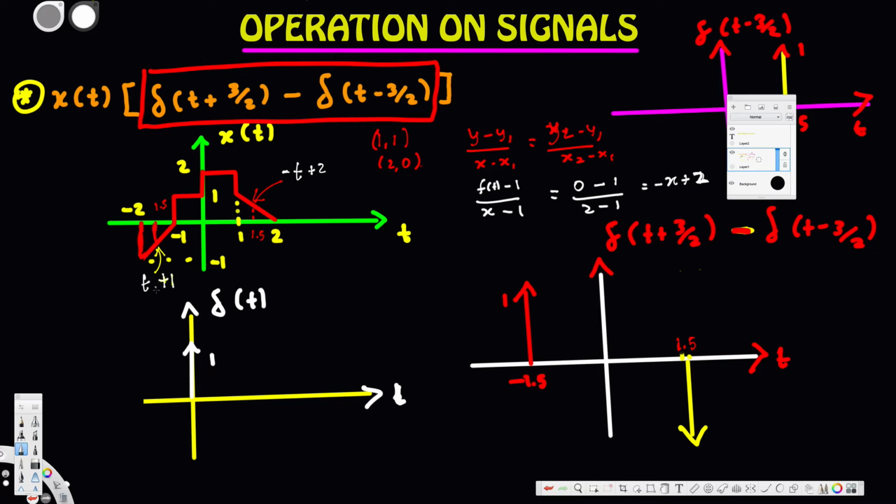At 1.5, if you plug 1.5 into this one, what's going to happen? This is 1.5 plus 1, right? 1.5 plus 1, that's going to become 2.5. So we are getting 2.5 right here.